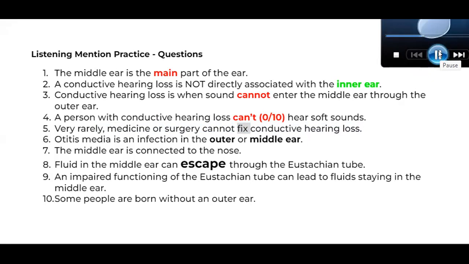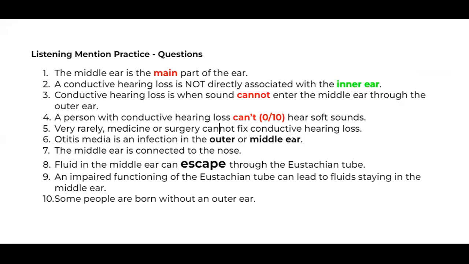Medicine or surgery can often fix. What is the number of often? Often means about 8 out of 10, which means 2 are missing. Like most English medium students can often pass OET in the first attempt.